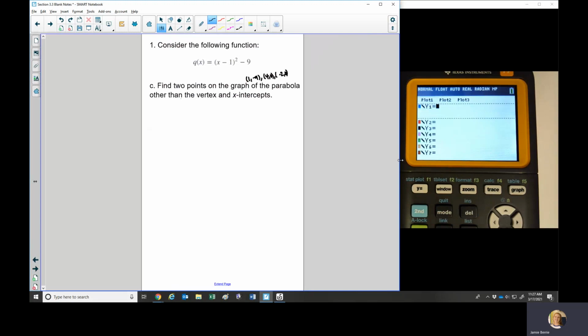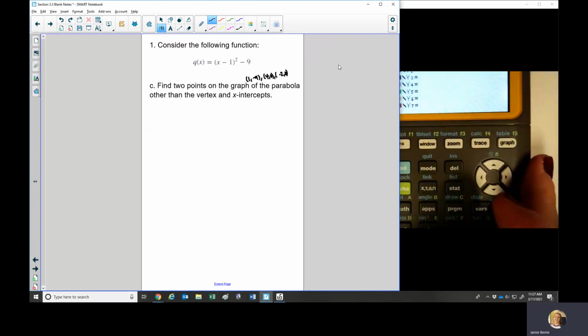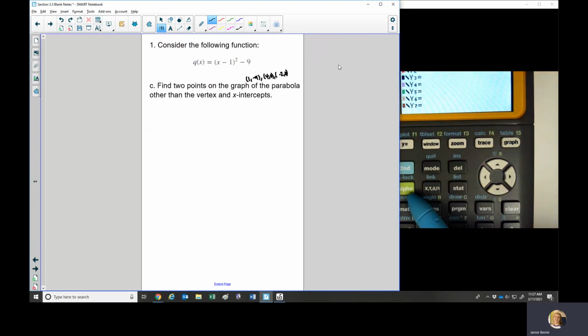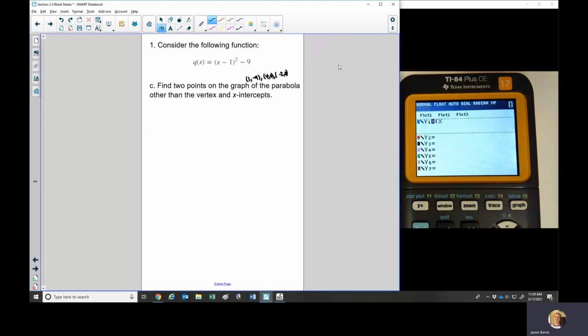Type your function in from over here. The x button is right here by the alpha button. So x minus 1, parentheses, squared, minus 9.